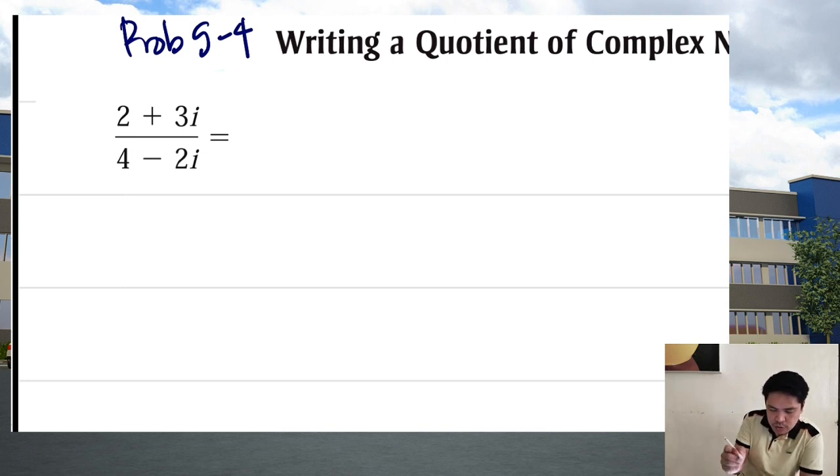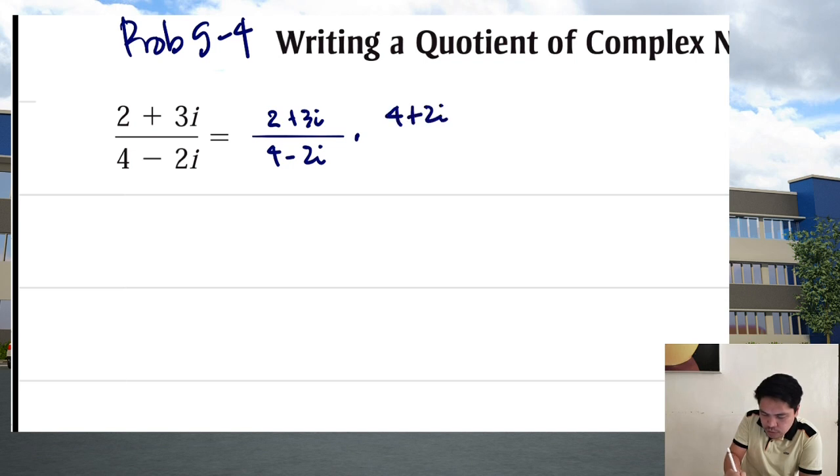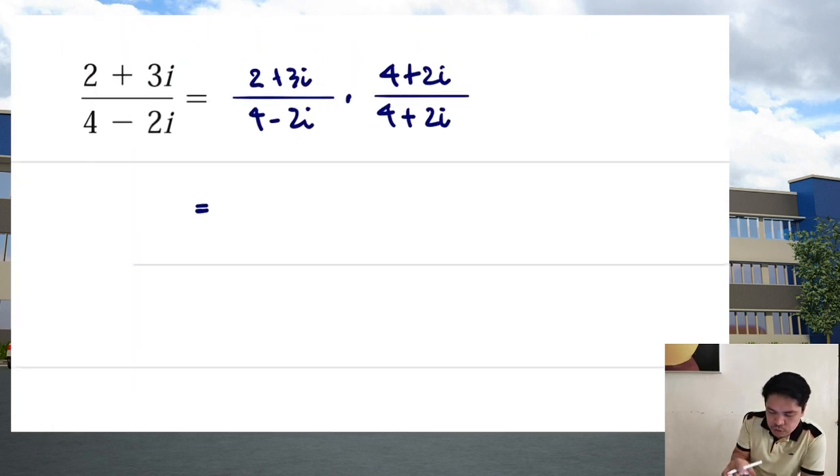So we solve this by first rewriting it. Ayusin natin. 4 minus 2i. We multiply it by its complex conjugate, 4 plus 2i, the complex conjugate of the denominator. Medyo i-detail muna natin yung solution.